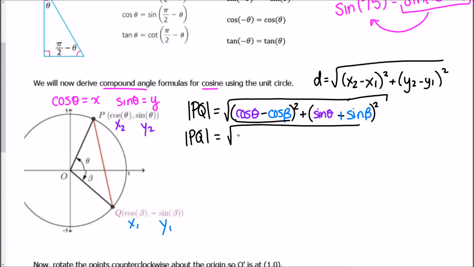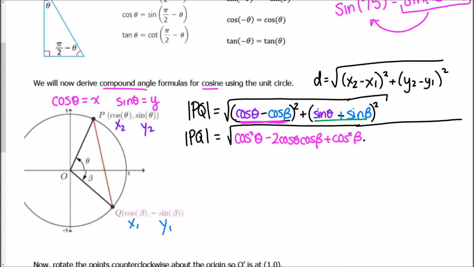When I do this, it ends up being cosine squared theta, and then it's twice the product of these two, so minus 2 cosine theta cosine beta, and then plus cosine squared beta. That's what this part is. Now we're going to do the same thing for this expression right here.